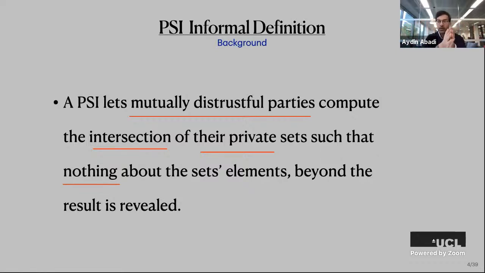This should hold during the computation and after the computation. As I mentioned earlier, by mutually distrusted parties, I mean the parties do not trust each other because the other party may act maliciously or may be a bad actor. So it tries to do anything, depending on the security model, to learn some information about its counterparty's elements.